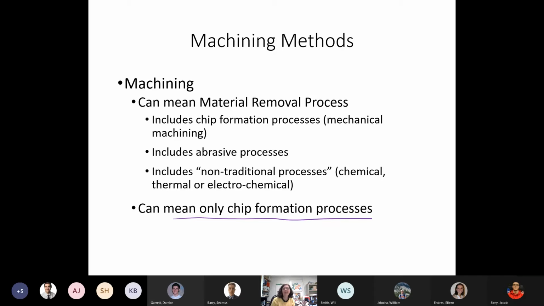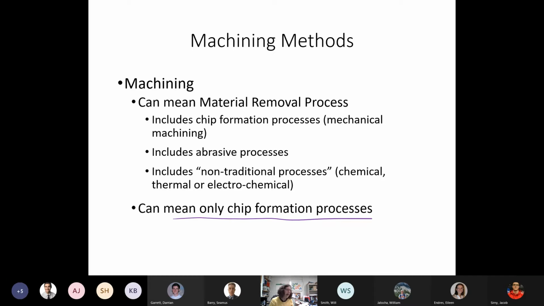Sometimes that's considered an alternative to machining. Sometimes it's called machining. And then there's also some of what we call our non-traditional processes where we're using chemical or thermal or electrical. So that could be like laser beam machining, or sometimes we refer to that as cutting. That also could be electro discharge machining and so forth.